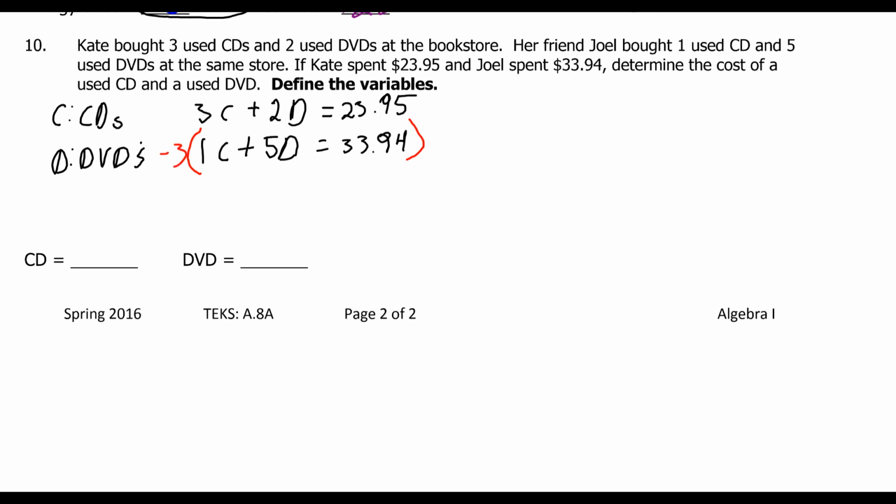We wind up with 3C plus 2D equals $23.95, and negative 3C minus 15D equals negative 101.82.